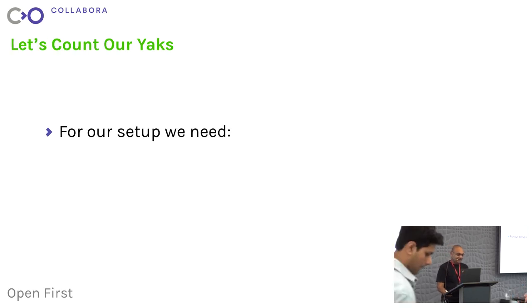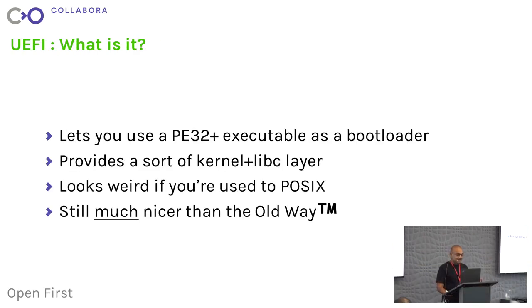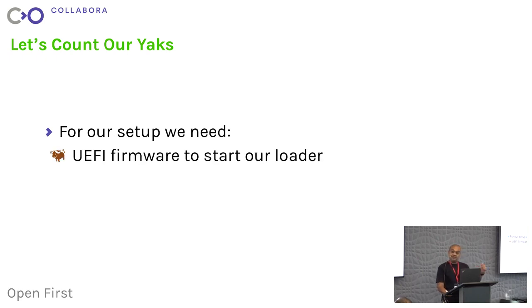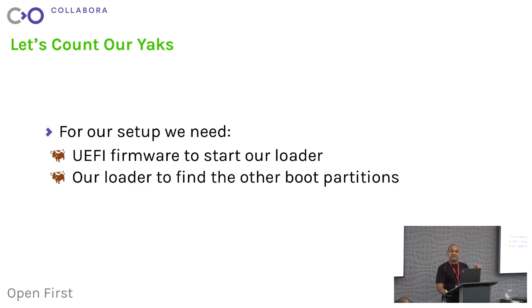And so we're going to need to do a few things to get this to work, so let us count our yaks. For this setup to work, we need the UEFI firmware, what used to be called the BIOS and still is, although that's not really what you're supposed to call it, to start our stage 1 loader. We need our loader to find the other boot partitions, which are part of these self-contained operating system images.